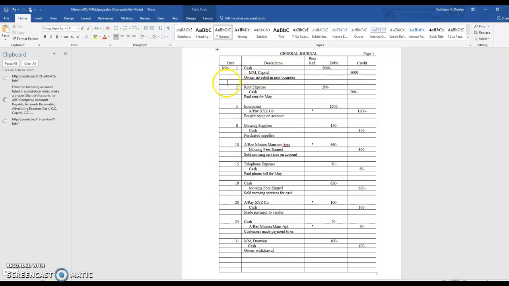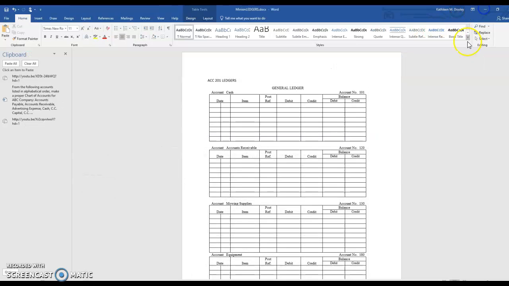Okay, and so here I've got May the 1st. I have a debit to cash for $5,000. So I go to my general ledger, I find the cash account. I have May the 1st.